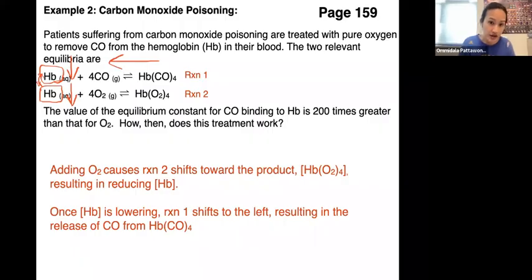As the reaction shifts toward making more free hemoglobin, it is going to require the hemoglobin carbon monoxide complex to be released. And this is how oxygen can help hemoglobin release carbon monoxide, by disturbing this equilibrium.